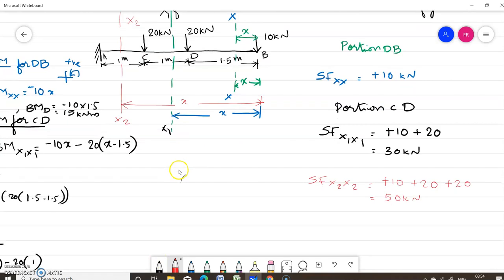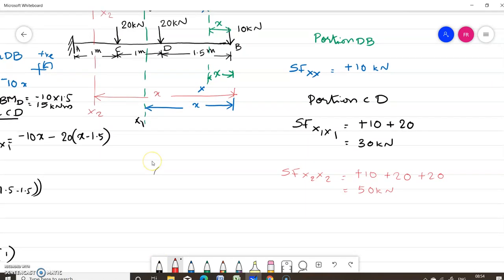Now we can write the bending moment at this section line. Bending moment at X2 is equal to minus 10 into x, minus 20 into (x minus 1.5), then minus 20 into (x minus 2.5).